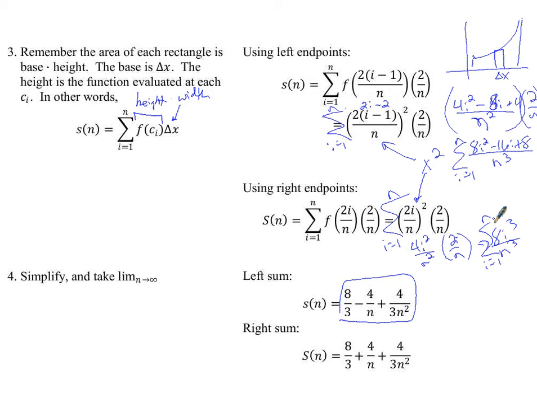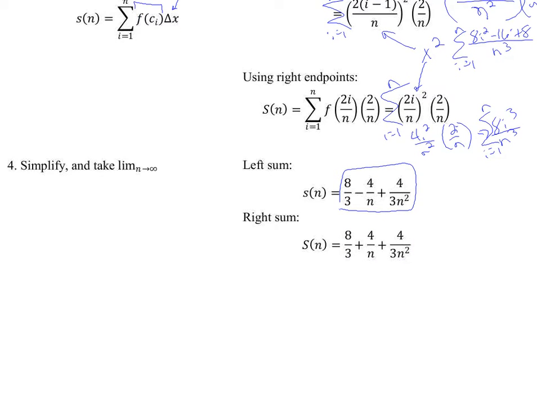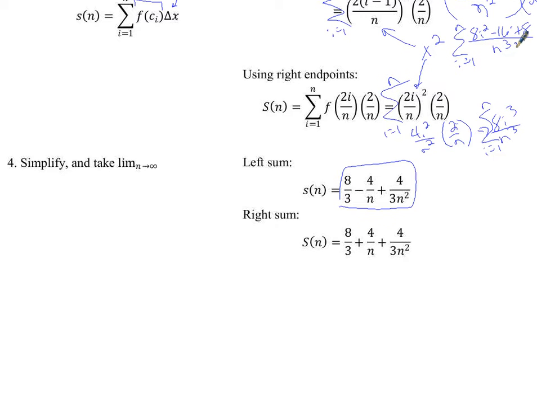Now we do what we did in that previous problem where we simplified down, converting it to algebra instead of a summation. So this is where some seriously heavy lifting comes in. I'll take care of this one here first, okay?